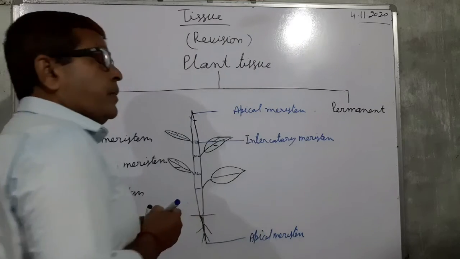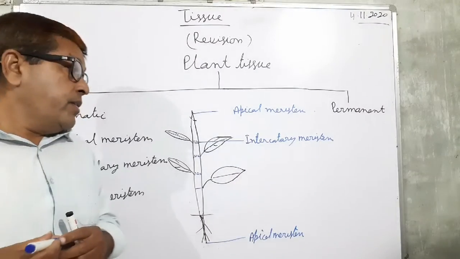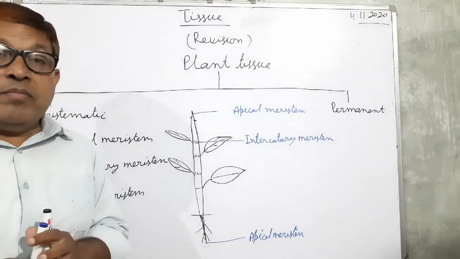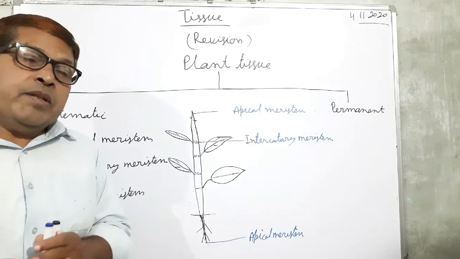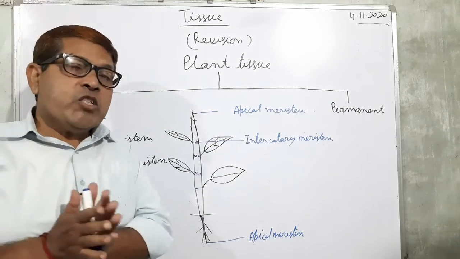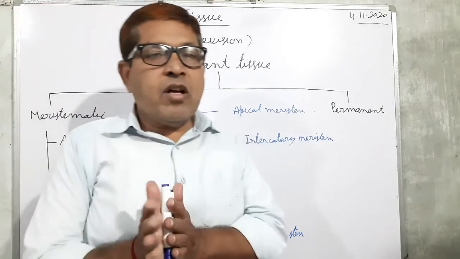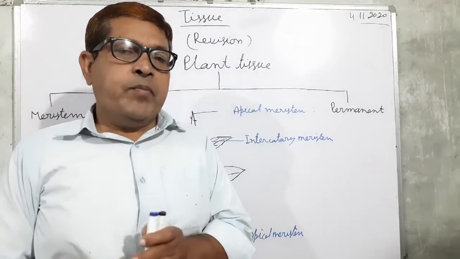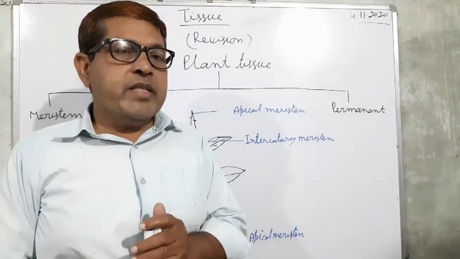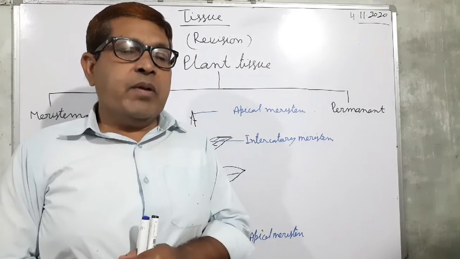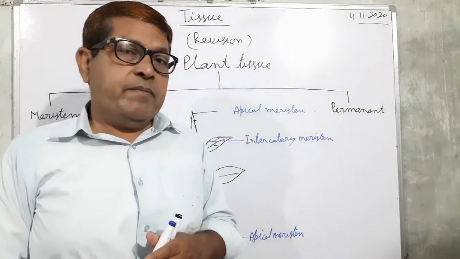So, what is the function of intercalary meristem? Intercalary meristem also increases the length of the plant. It is also responsible for the increase in the length or the height of the plant.